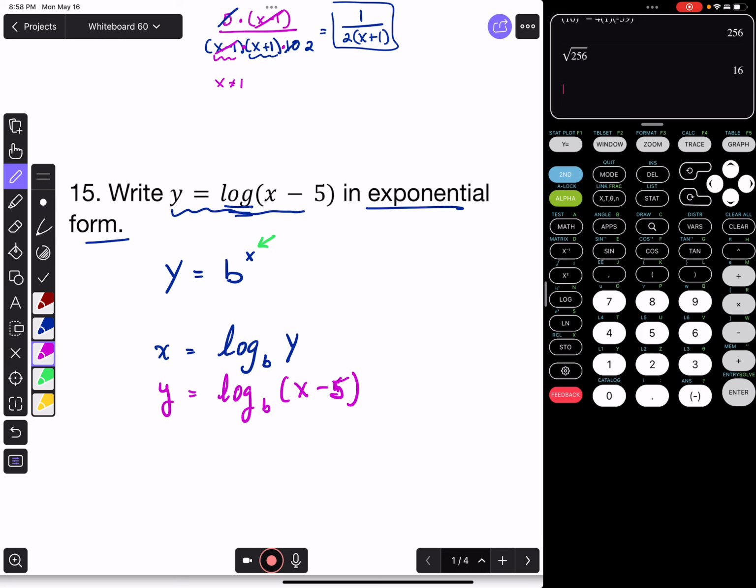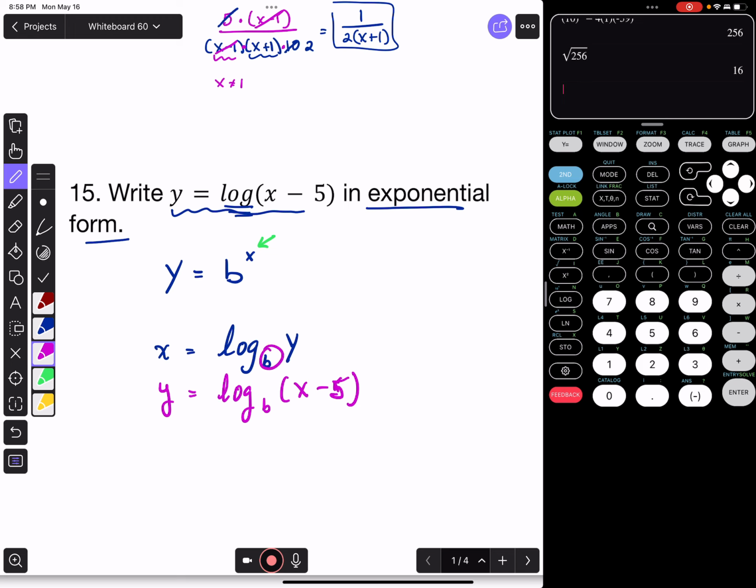So if you take a look, this right here, the x, it's the exponent from the logarithm. In fact, that's what logarithms essentially tell us. They help us or tell us what an exponent is in an equation like this, or help us solve for it. So whatever it's equal to, that goes in the exponent spot. So we're just going to go like this. We'll say y is in our exponent.